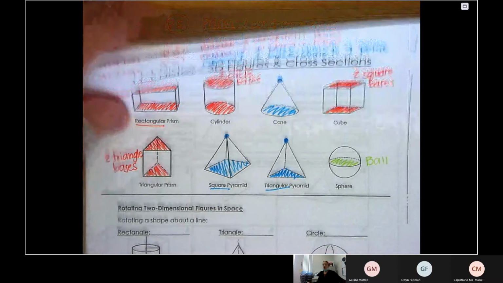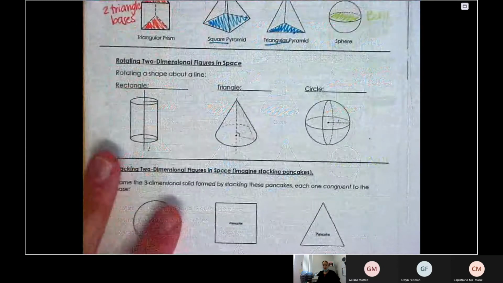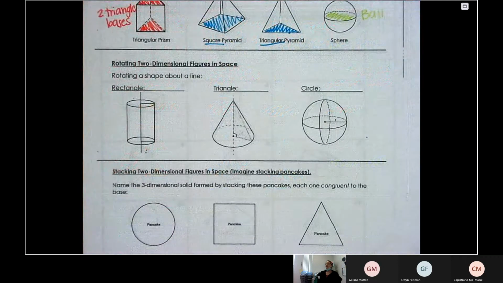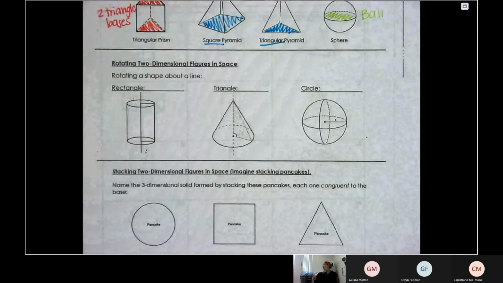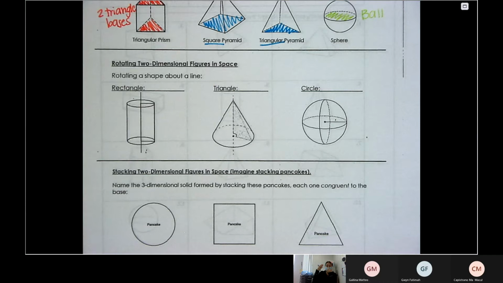Now, we're going to, this time, take some 2D figures and we're going to rotate them. What does rotate mean? Turn. Okay, so I'm going to take some 2D figures. What's a 2D figure? A flat one. And I'm going to turn them.